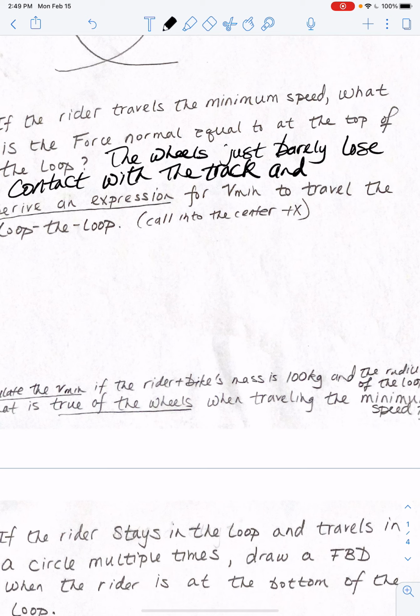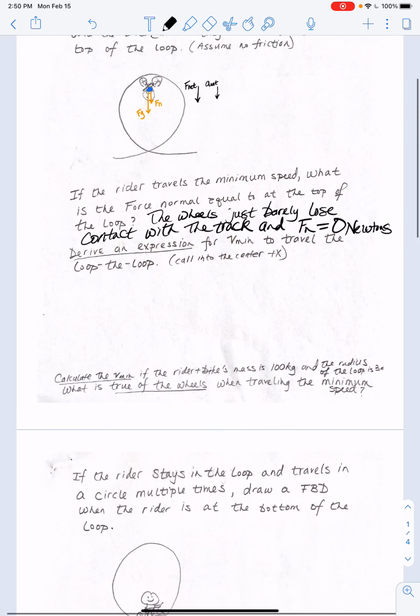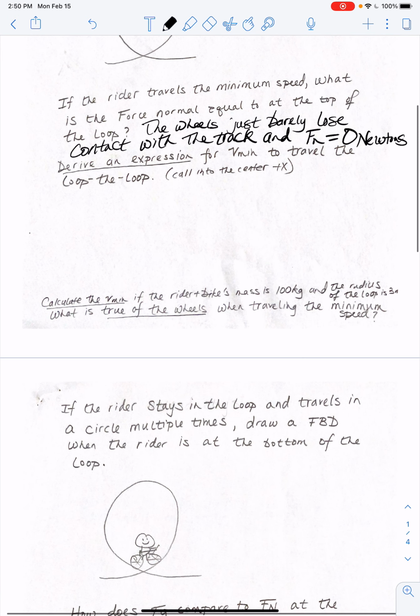And Fn, if there's no surface, then is equal to 0. All right, 0 newtons. So it then says derive an expression for v min to travel the loop-the-loop. Call into the center positive x.